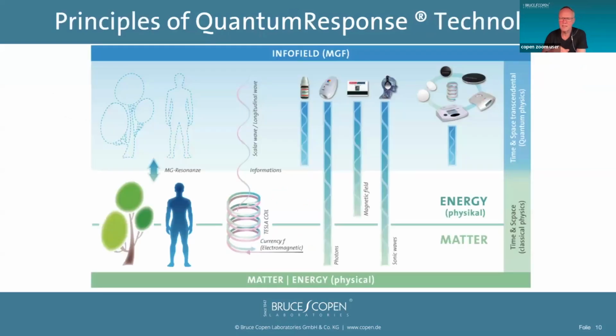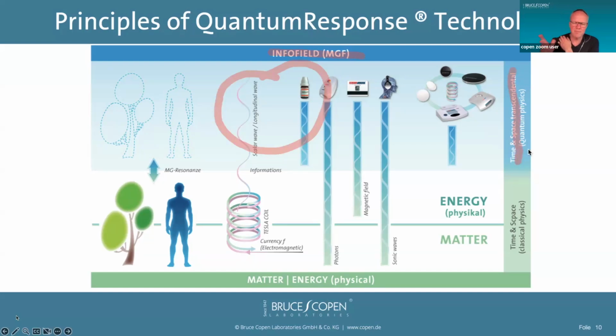The rates rather describe, and this is a chart I showed you already in the first webinar of this series, an item like liver or kidney on the information field. It's rather a description for a value on this information level here, on this morphogenetic field, in this info field, which we said is time and space transcendent.